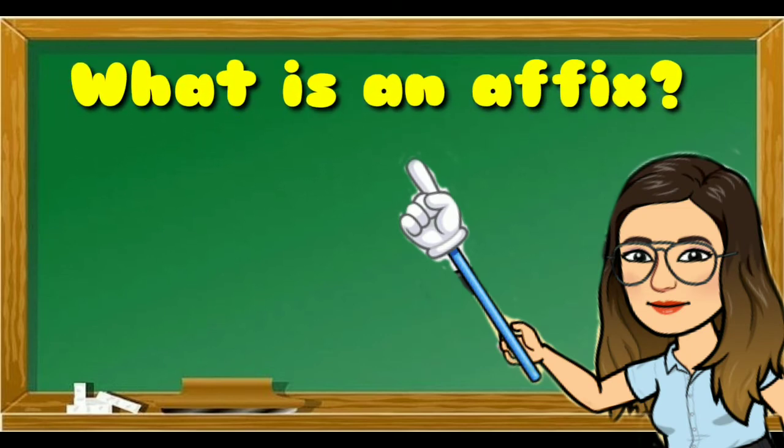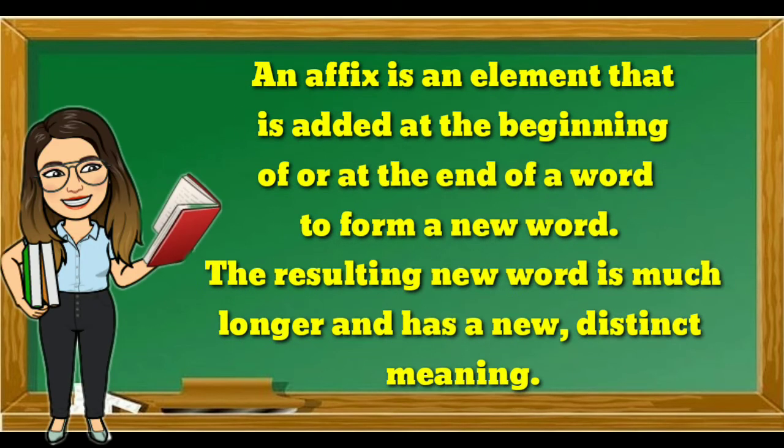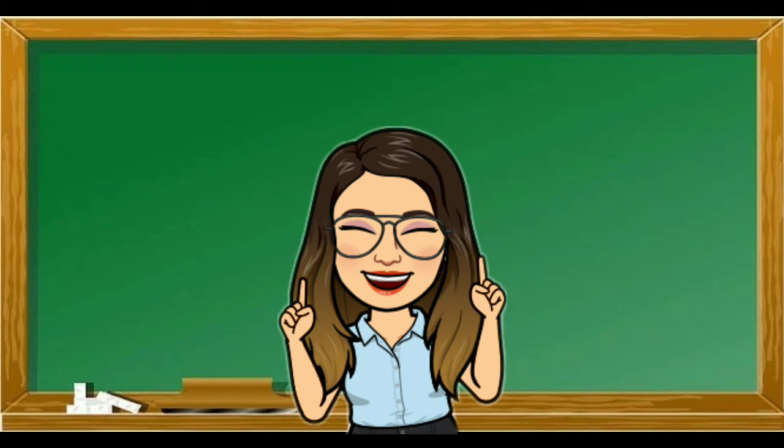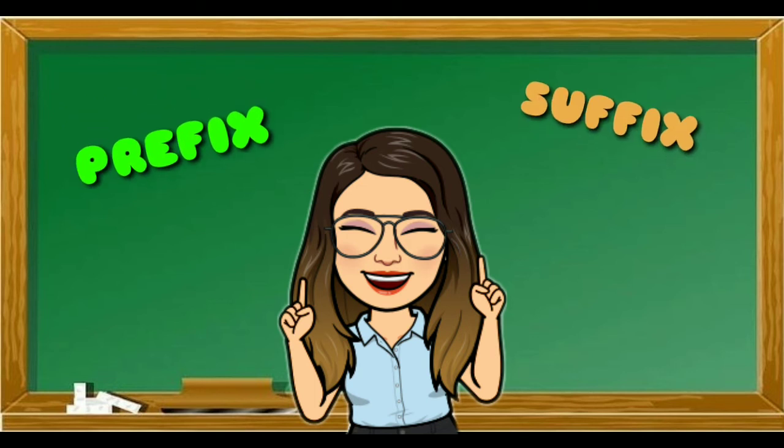What is an affix? An affix is an element that is added at the beginning of or at the end of a word to form a new word. The resulting new word is much longer and has a new, distinct meaning. We have two types of affixes, namely the prefix and the suffix.